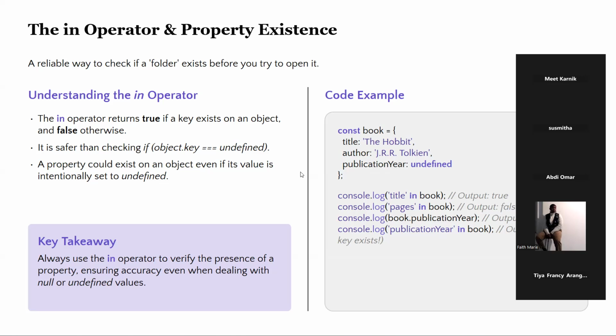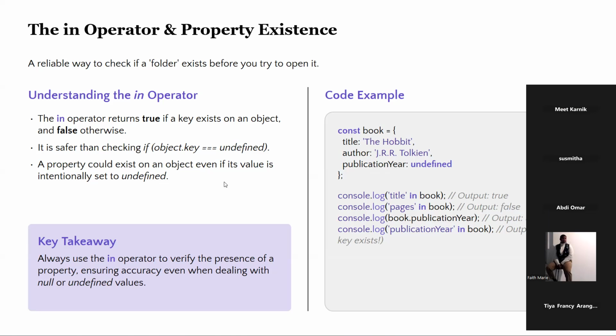If we check the title, the result would be true. If we check for pages, the result would be false because that key does not exist on the object. If we look at the publication year, that would be undefined because it has been intentionally set to undefined. But if we check whether this property exists, this console log statement will always return true.